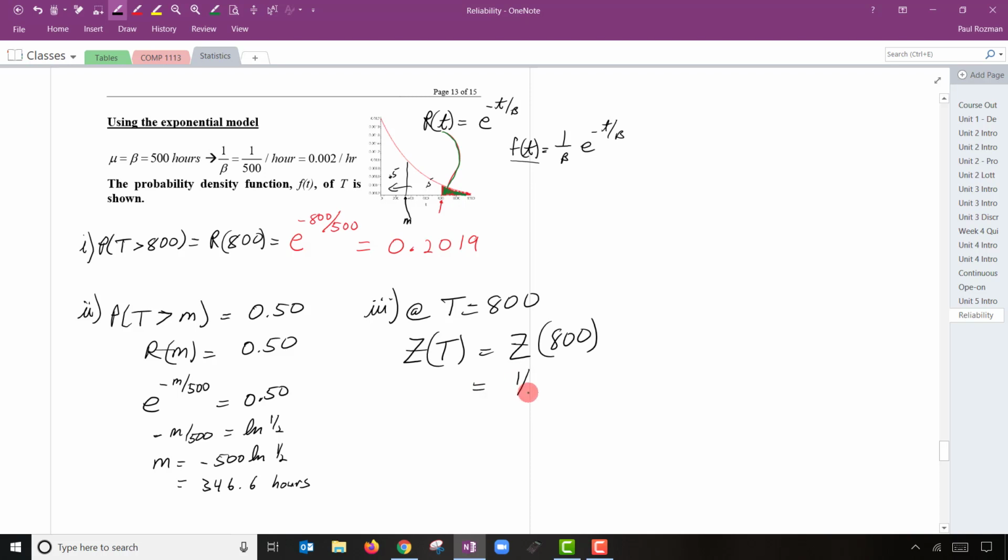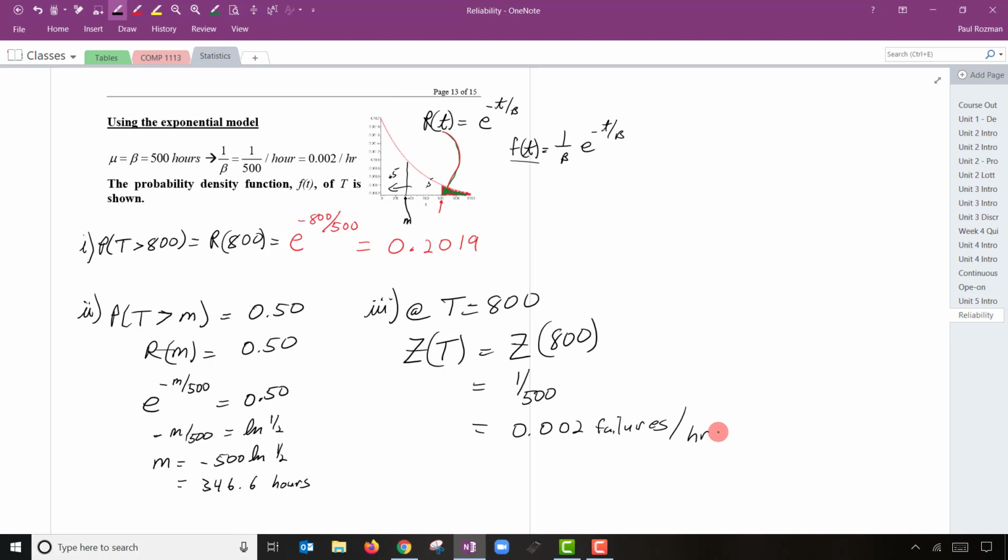It ends up just being 1 over 500, or 0.002 failures per hour. At any time, these things are failing at that rate if we're using this model to represent our product that lasts on average 500 hours.